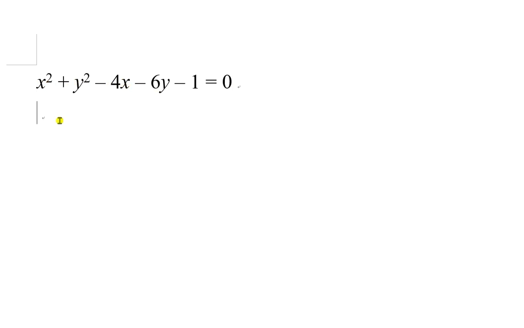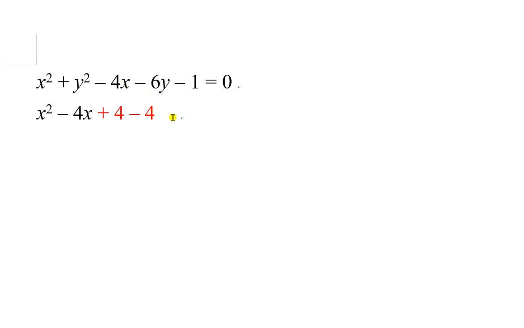That is x squared minus 4x. If you want to complete the square, you need to add a number that is negative 4 over 2, and then bracket squared. That is plus 4. But of course, after plus 4, you need to minus 4. That's the way you complete the square of the variable x.